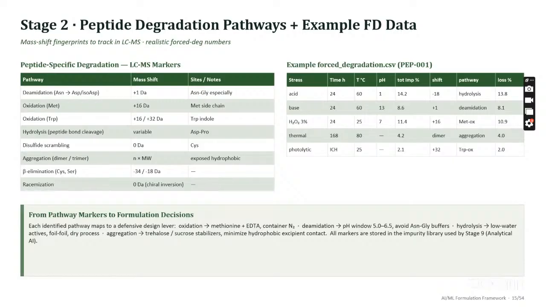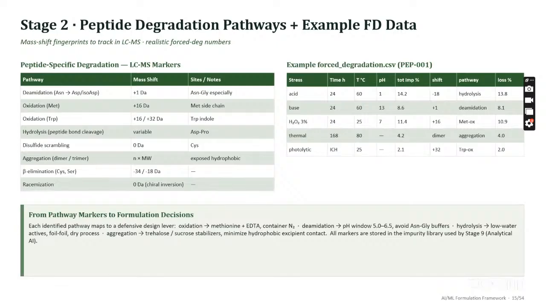Each degradation pathway has a mass fingerprint. We track in LCMS: plus 16 for methionine oxidation, plus 1 for deamidation. So there are different ways it will occur.